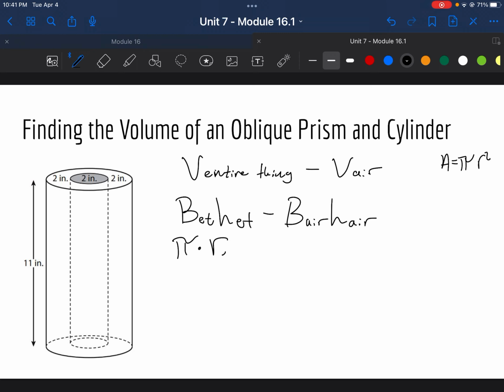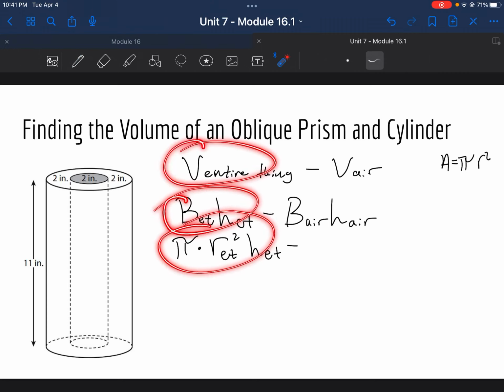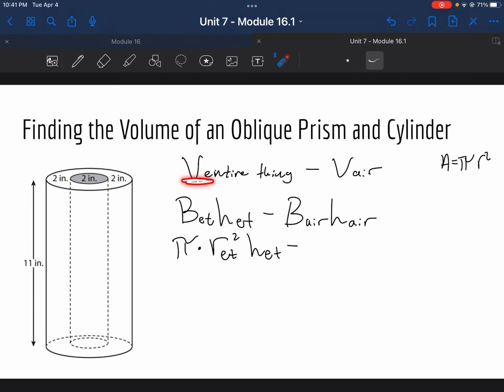It's going to be pi times the radius of the entire thing squared times the height of the entire thing. All I'm doing is replacing my formulas with smaller formulas that we are more used to. So instead of using volume, I'm using base times height. And instead of using base, I'm doing the area of a circle. And we're leaving the height the same.